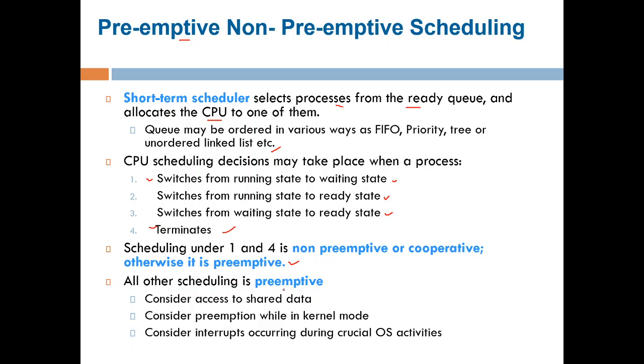All the other cases, that is 2 and 3, go under preemptive. It may be due to access to shared data, preemption while in kernel mode, or some sort of interrupt occurring during crucial operating system activities. If any one of these situations is there, preemption of the process takes place.